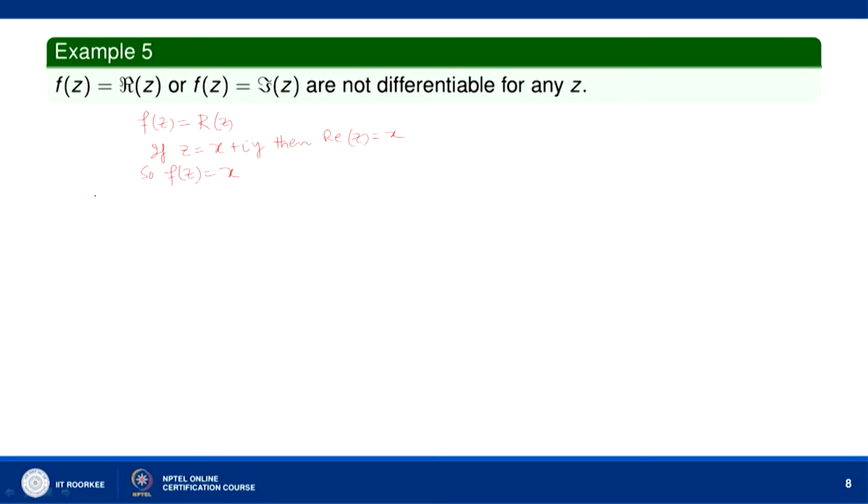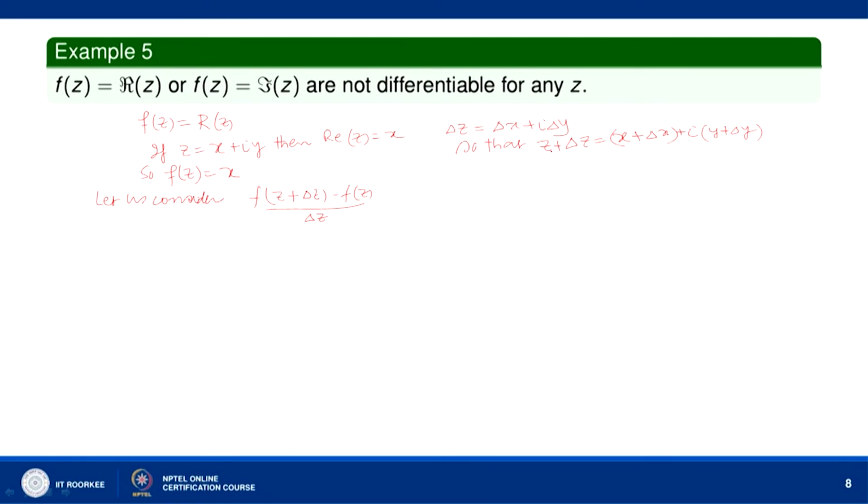So, let us consider f(z plus delta z) minus f(z) divided by delta z. We will take the limit of this as delta z goes to 0 and show that this limit does not exist. So, when z is x plus iy, delta z let us take as delta x plus i delta y, so that z plus delta z is equal to x plus delta x plus i (y plus delta y).